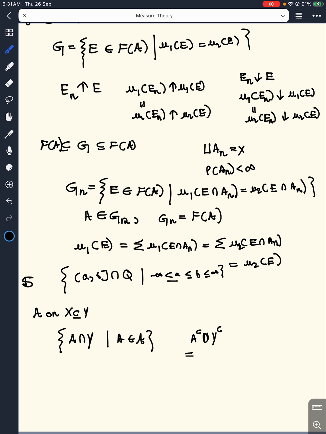A complement is here, so we need to show, is this true, that if A is an algebra, then A intersection Y is an algebra here. It is true. This is called a trace algebra. But okay, I'm sorry, what I am doing, I have to take the complement here.